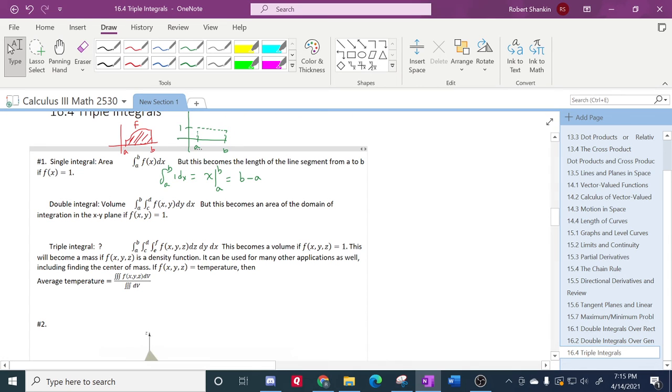And if the density is constantly varying, you'd need a triple integral to get the mass of it. Okay? If f of x, y, z was a temperature, suppose you had a room with all these thermometers hanging from strings tacked into the ceiling.